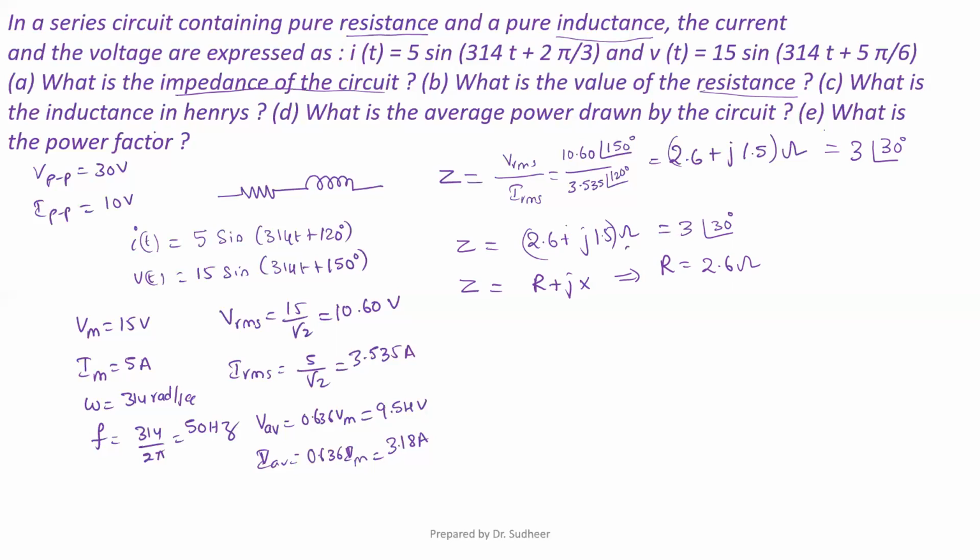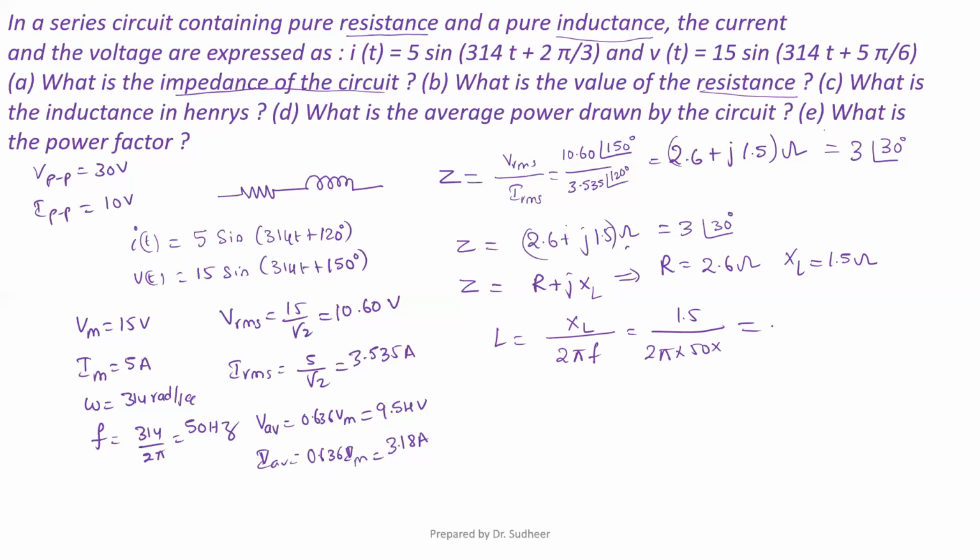What is the inductance? Directly he has given that hint. It is an inductive circuit. We got XL, XL is equal to 1.5 ohms. So what is L? XL is equal to 2 pi FL, so L is equal to XL by 2 pi F. That is 1.5 by 2 into pi into 50.